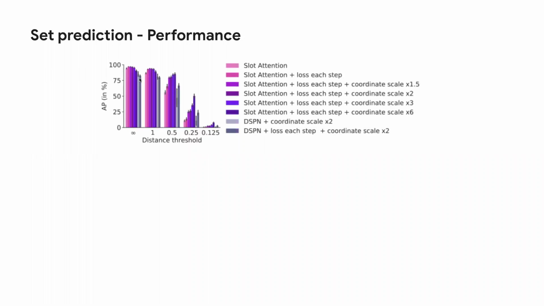So if you care about just raw performance, there are tricks that one can add to make slot attention perform even better. But the main advantage of slot attention over things like the deep set prediction network is that slot attention is a very general module. It doesn't just do set prediction. It's something you can plug in the middle of your architecture to learn these abstractions.